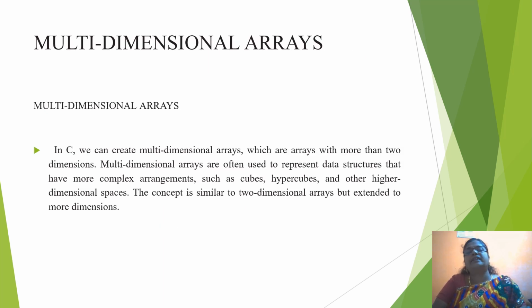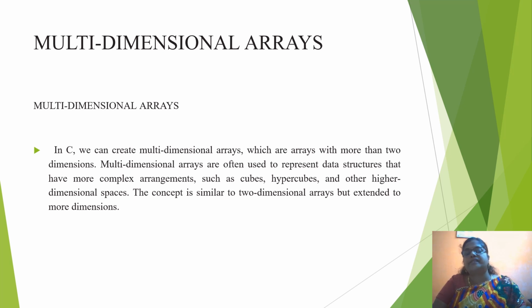What is a multi-dimensional array? In C, we can create multi-dimensional arrays, which are arrays with more than 2 dimensions. Multi-dimensional arrays are often used to represent data structures that have more complex arrangements, such as cubes, hypercubes, and other higher dimensional spaces.